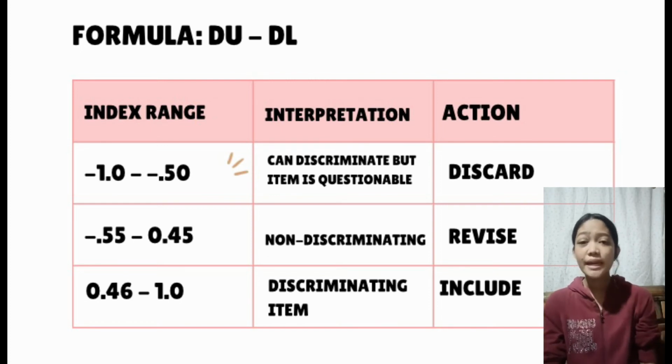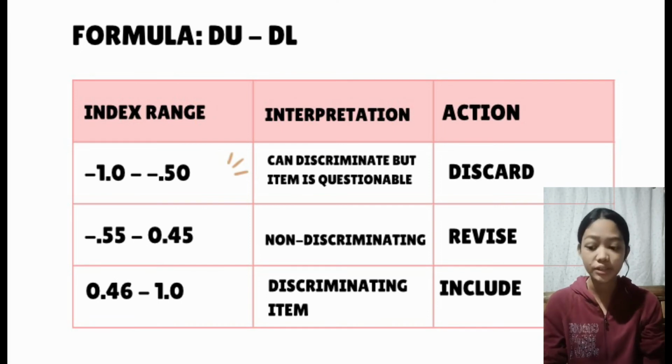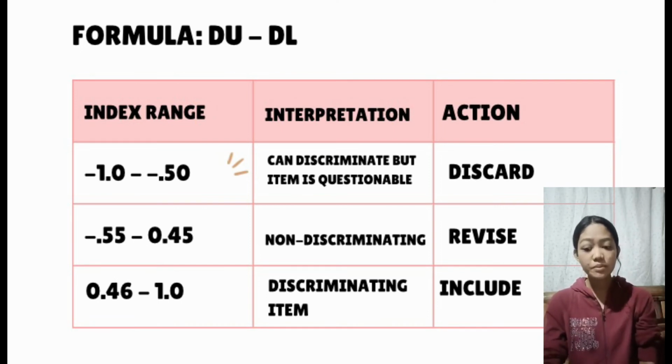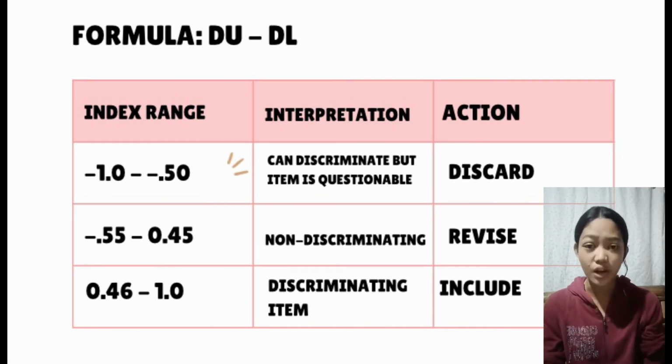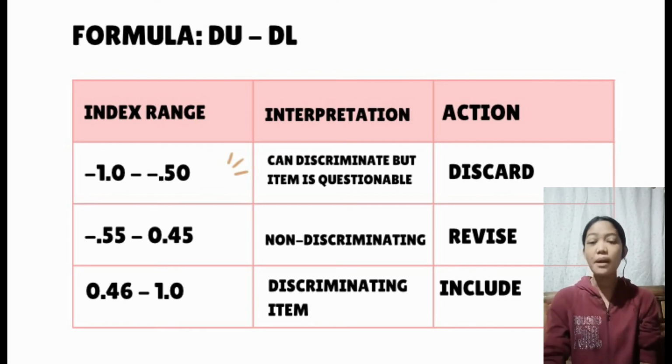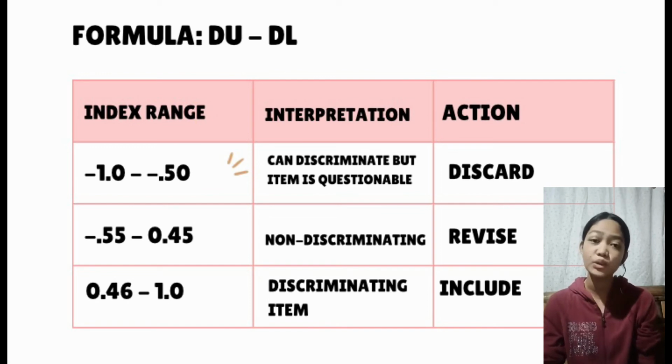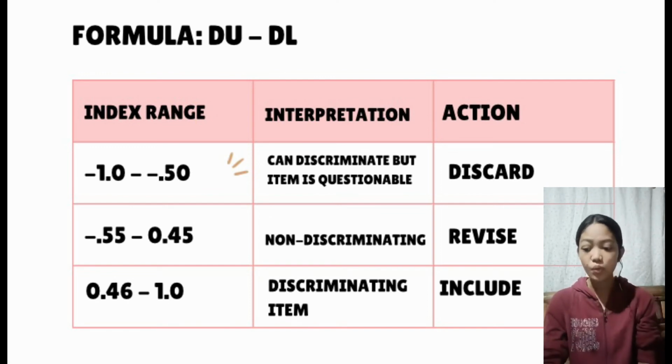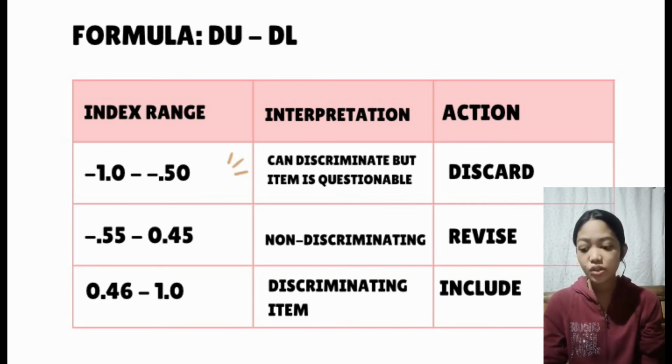Okay, so index of discrimination is usually calculated for the correct answer. It can also be calculated for the distractors. Okay, kapag sinabi nating distractors, ito yung mga options na hindi naman talaga yung tamang sagot. So, distractors should all have a negative discrimination index.